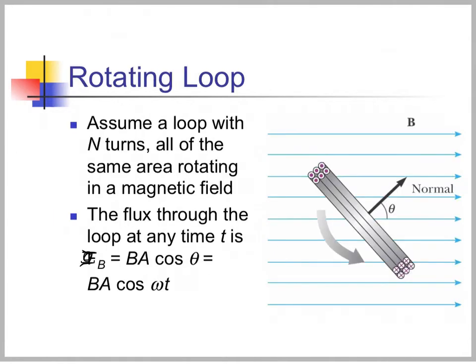So we can look at a rotating loop in a magnetic field to see how the current flowing through it would look. Let's have a loop that's got N turns, all with the same area, rotating in a magnetic field. The flux through the loop at any time t is the magnetic field strength times the area of the loop times the cosine of the angle between them. If it's moving at a constant angular rate, theta is omega t, so it's BA cosine omega t.